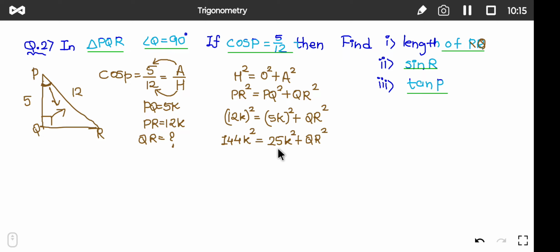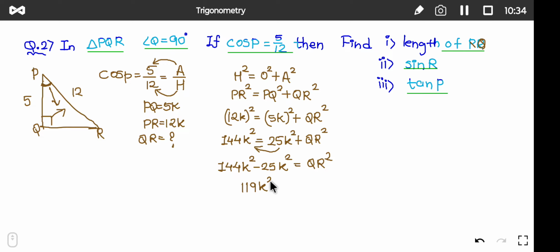So if we take this 25k square to the left hand side, we will get 144k square minus 25k square is equal to QR square. So 144k square minus 25k square will get 119k square is equal to QR square.